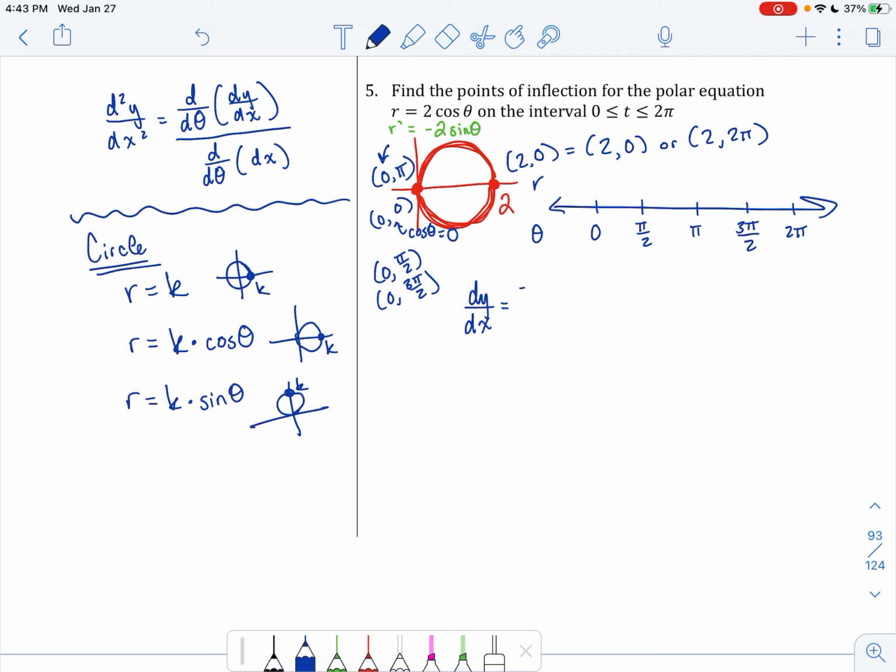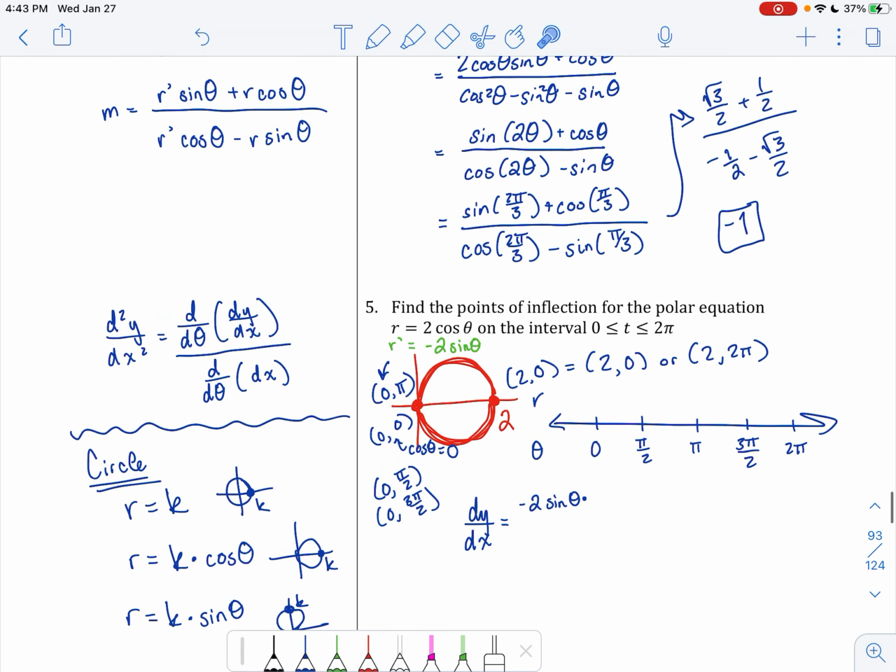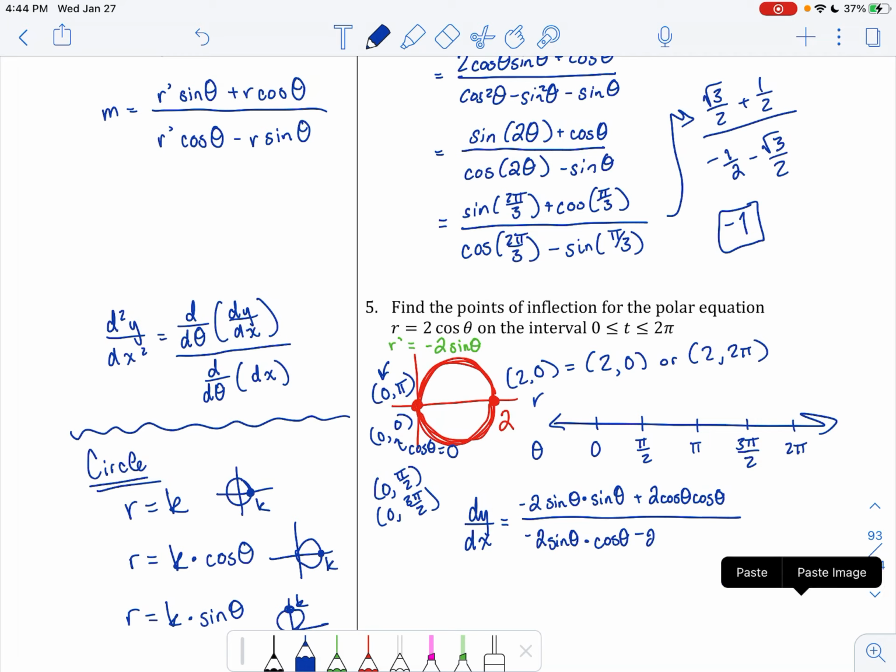So here we have -2 sine theta times, I'll use my formulas right here so that you can follow along with me, sine of theta plus 2 cosine theta, all over r prime, 2 sine theta times cosine theta minus 2 cosine theta sine theta.